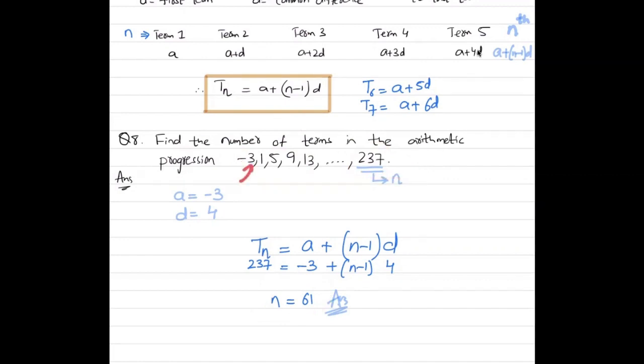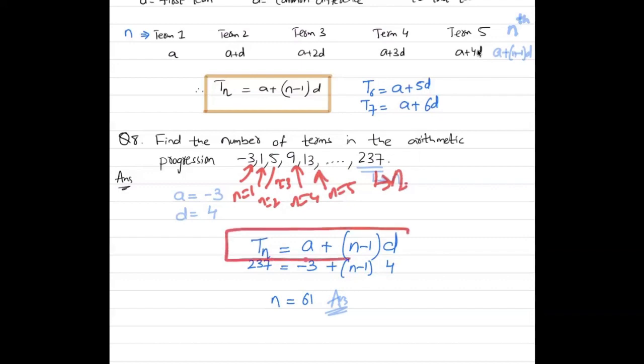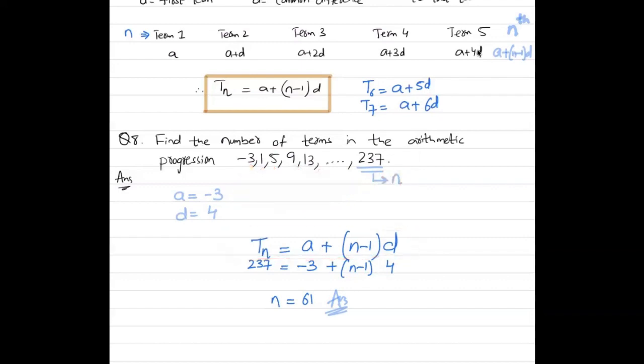For this term, n value is 1. For this term, n value is 2. n value is 3, n value is 4, n value is 5. This is going to be the last term, and using this nth term formula, I was able to calculate at which position the last term occurs.